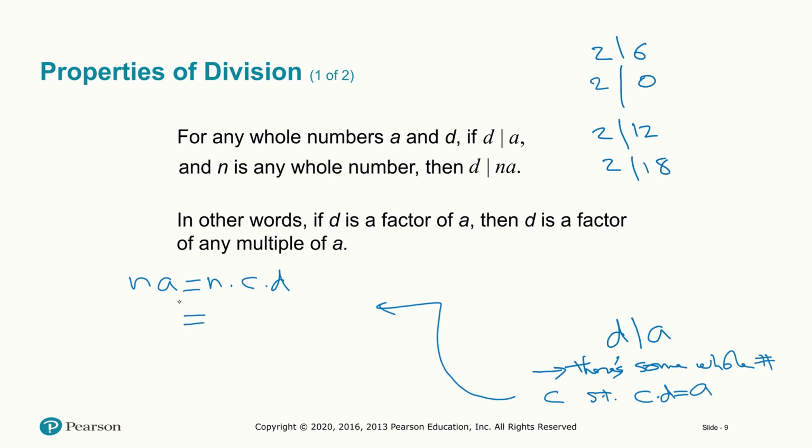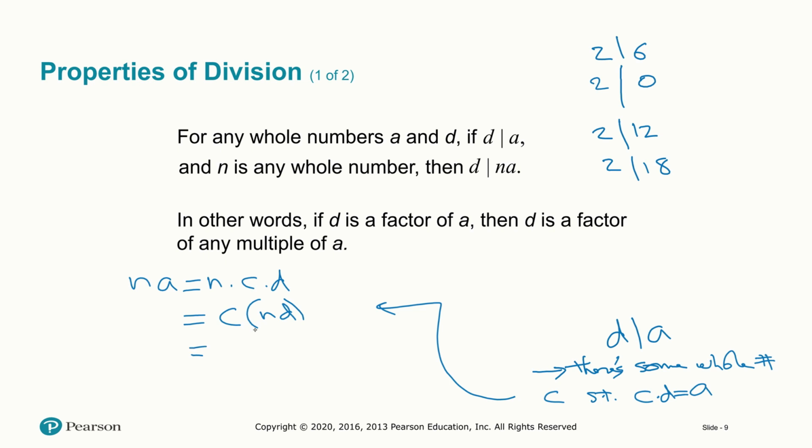Which is equal to, I can write it like this, c times nd, right? So the same factor c, the one whose existence is guaranteed, is also going to guarantee that na is divisible by d as well.